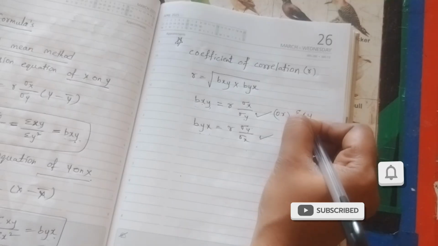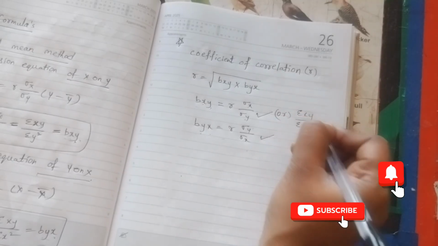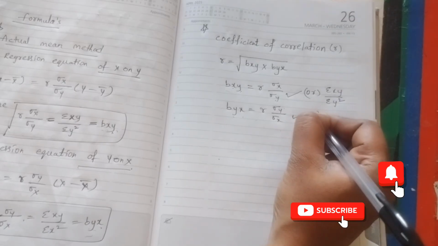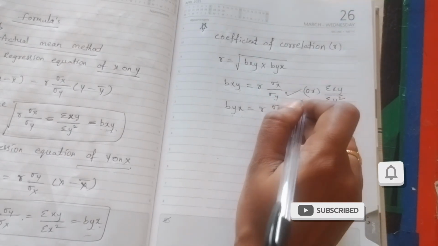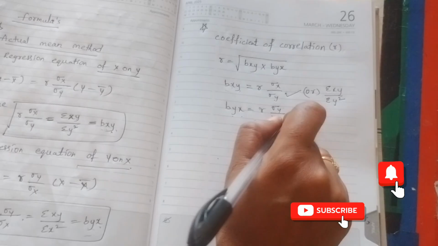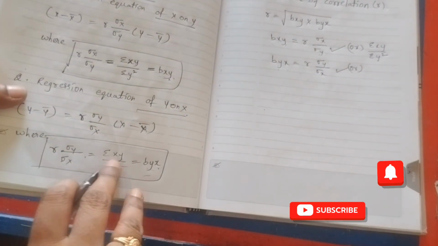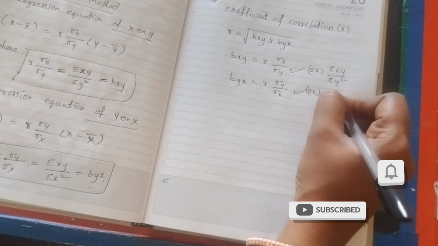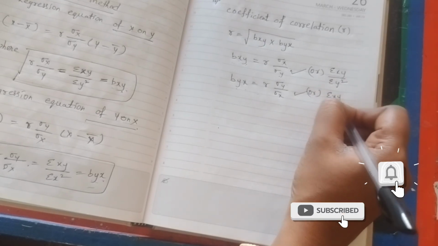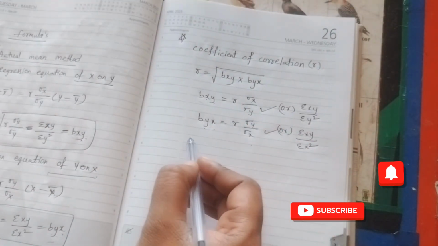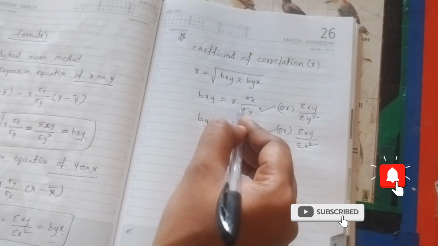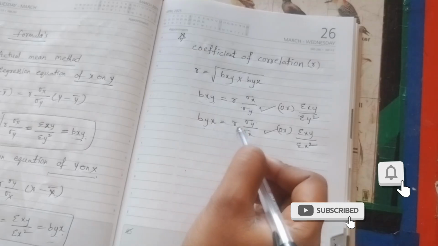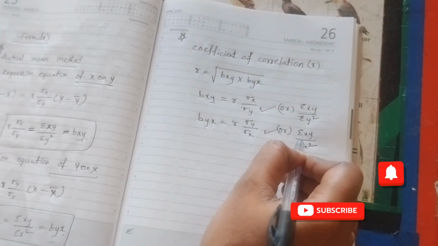In the same way, byx is equal to R into standard deviation of y divided by standard deviation of x, and we can write summation of xy divided by summation of x square. So depending on the given details, we can apply this formula or this formula for the calculation of bxy, and for byx we can use this formula or this formula.